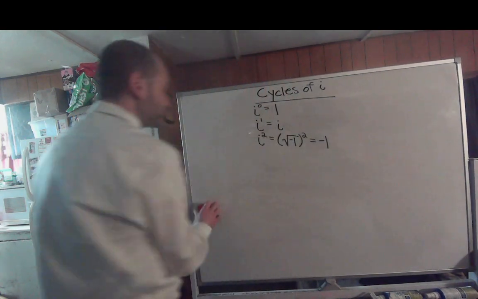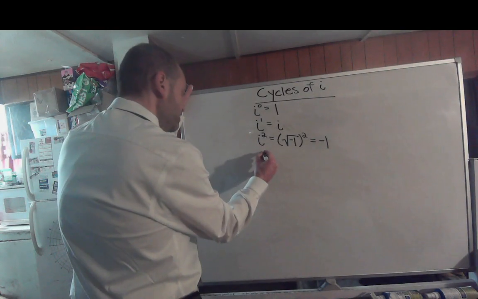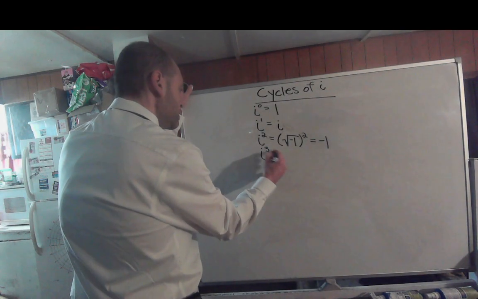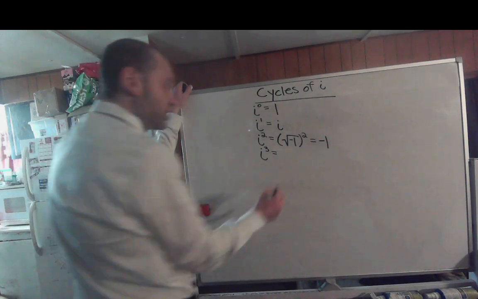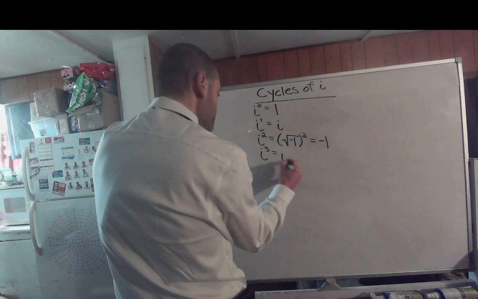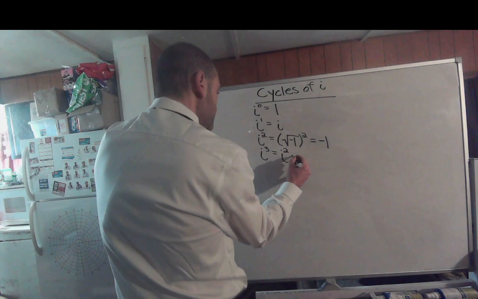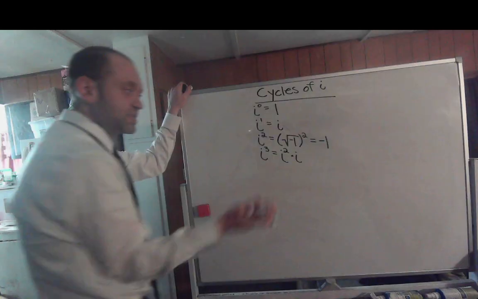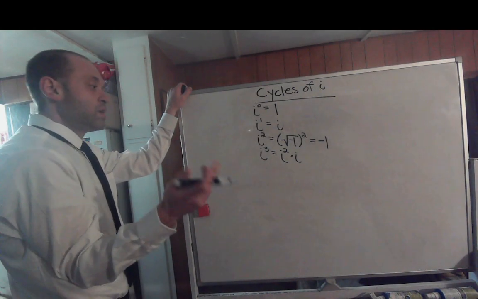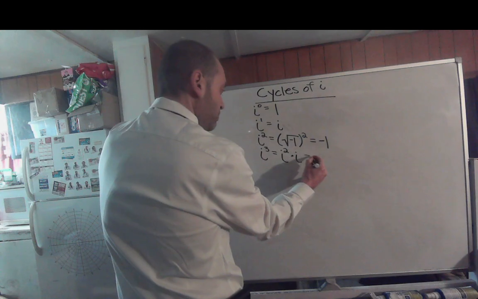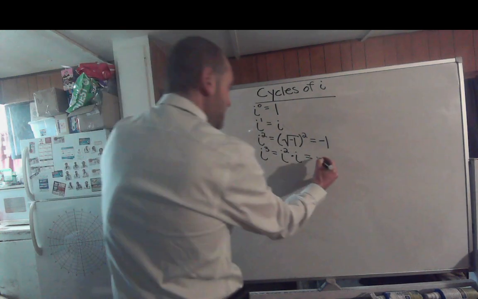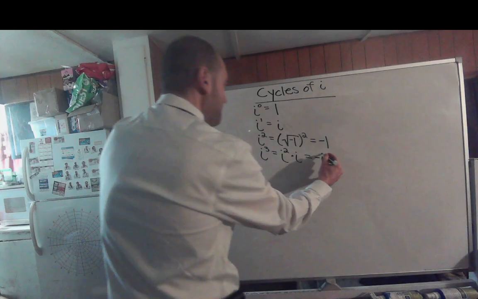Alright. Let's do i to the third. So i to the third, that's going to be, of course, i squared times i to the first, or just simply i. Well, i squared is negative 1, so you take negative 1 times i, you just get negative i.